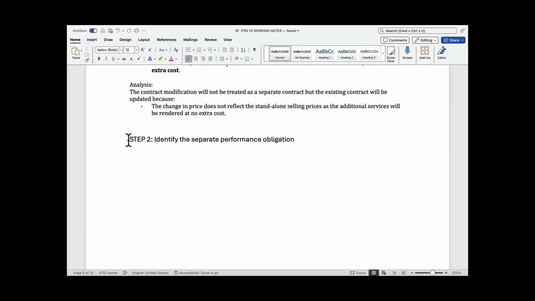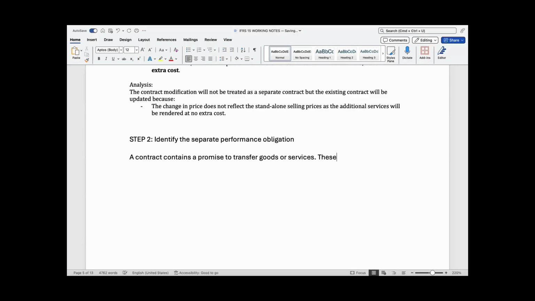Now let's go to step 2 that talks about identifying the separate performance obligation. So what are the separate performance obligations here? The first thing is that a contract usually contains a promise to transfer goods or services.